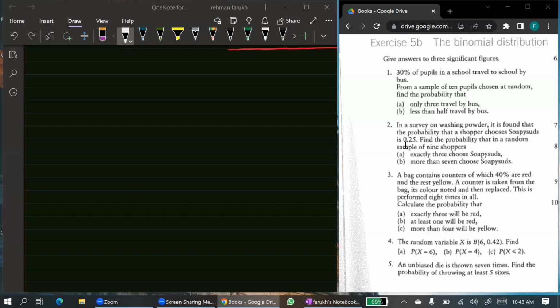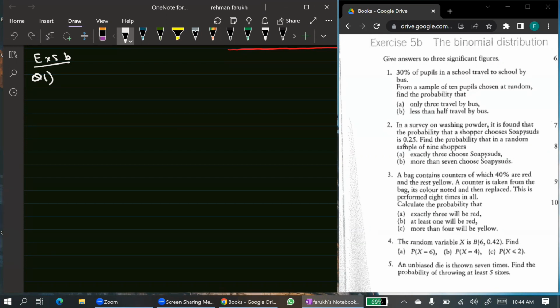To find the number of students, from a sample of 10 pupils chosen at random, find the probability that only 3 travel to school by bus, less than half travel to school by bus. Exercise 5b, question number 1.